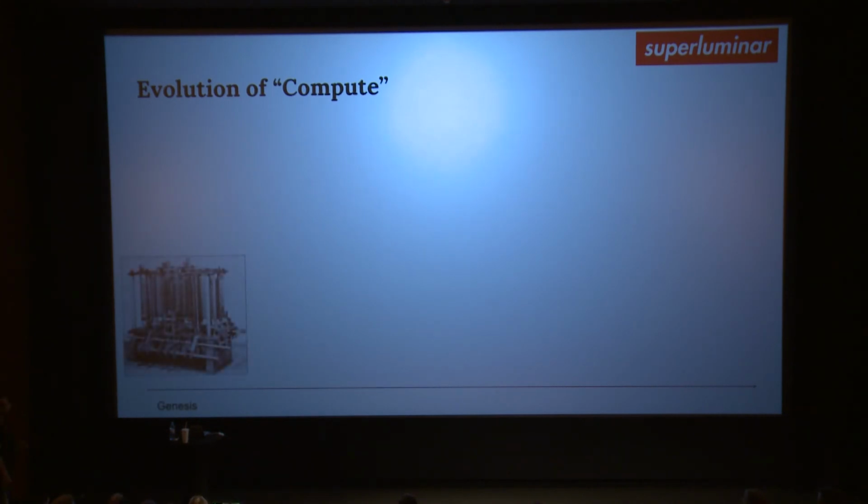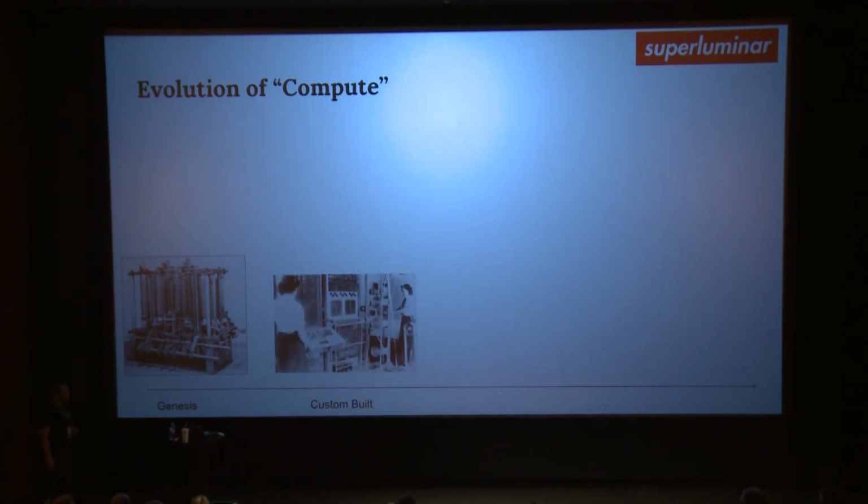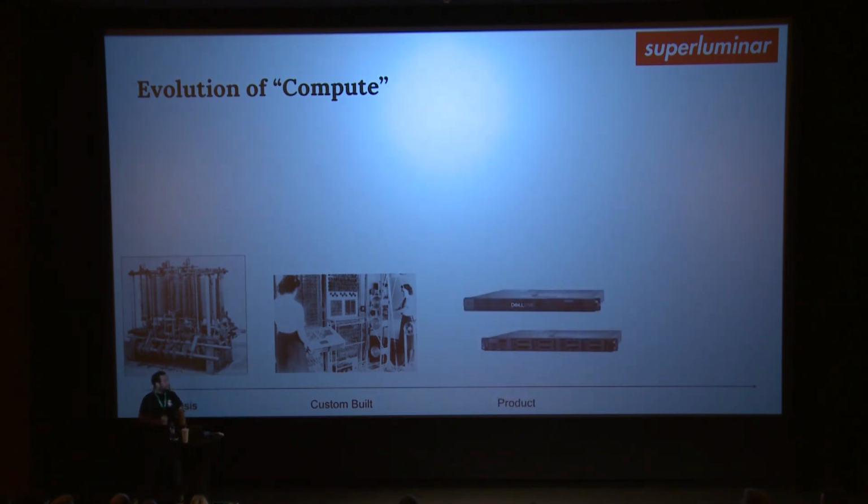So let's have a look at the evolution of compute. First, there was a computer like this. It was actually an analog computer. Then we had some custom-built examples. Small detail here, woman engineers. And then we got a product, servers, or even before that mainframes and stuff like that.